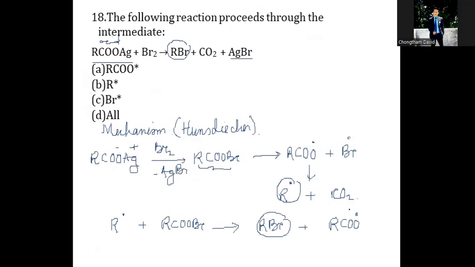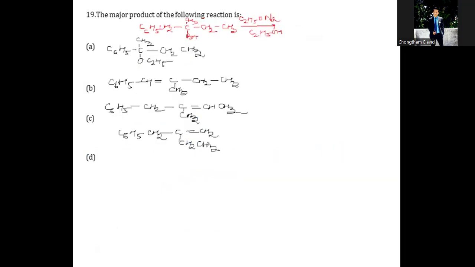So if you look at this reaction, the following reaction proceeds through the intermediate. So I think the answer is D, because all proceeds through free radicals, alkyl free radical, bromine free radical. Borodin-Hunsdiecker reaction. So the correct answer for question number 18, option number D.